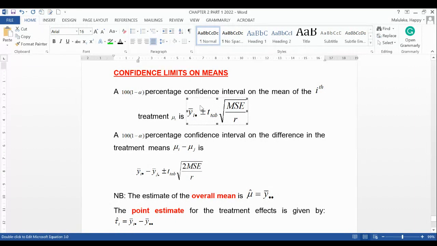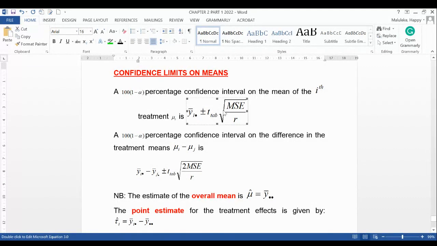You cannot conclude about the mean being significant or not using this one. You can only conclude if the means are different or the same by comparing the difference between mean I and mean J.